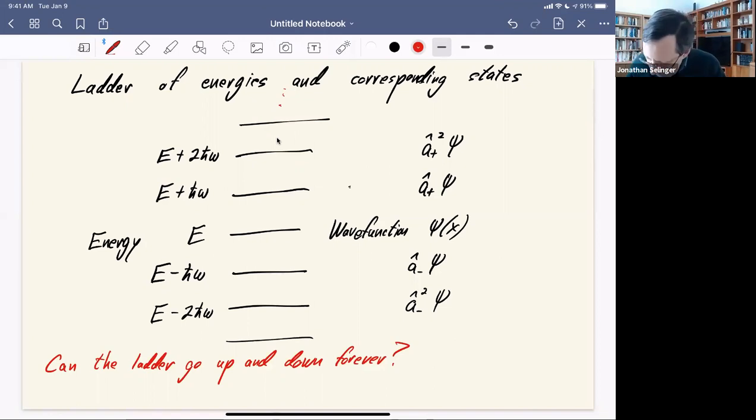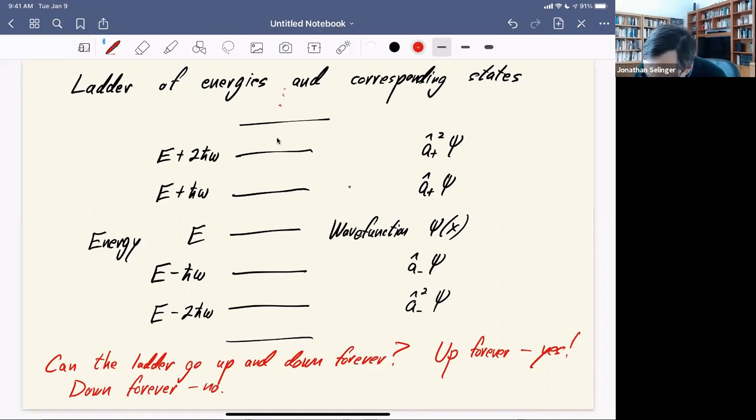Well, going up, yes, it can go up forever. There is no upper limit on the energy. The energy can just keep going higher and higher with no limit. But what about down? There's a difference there. Down forever, no. There is a lowest possible energy.